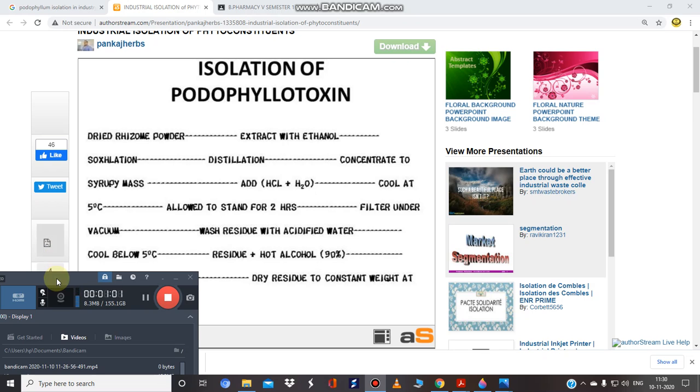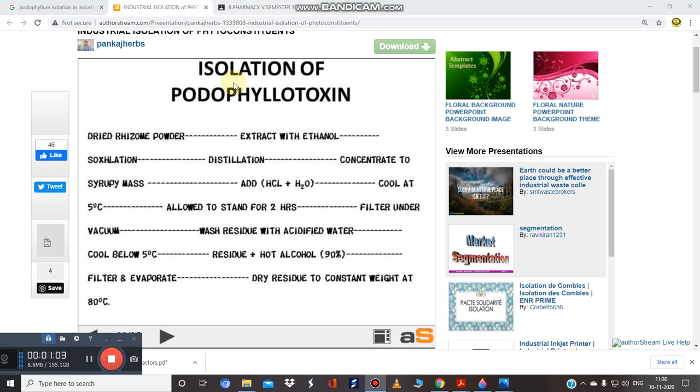So if we talk about the isolation part or the production of podophyllotoxin, generally we use a simple Soxhlet apparatus. So first of all, dried rhizome powder was taken. It was extracted with ethanol in the Soxhlet apparatus, and you will concentrate it to a syrupy mass. Okay, then what you will add? HCl into it plus water, and you will cool at 5 degrees Celsius and allow it to stand for at least 2 hours.